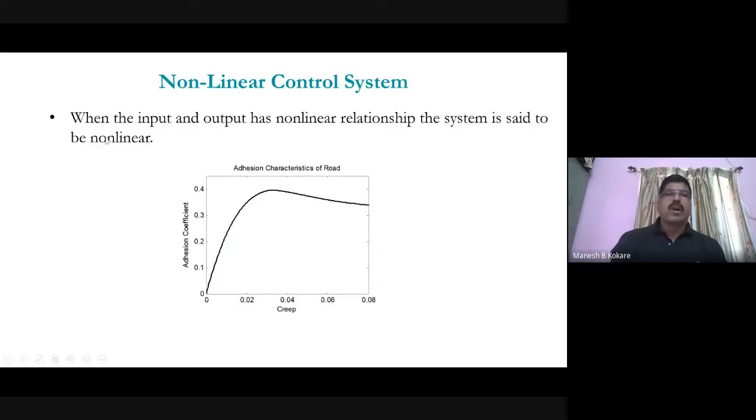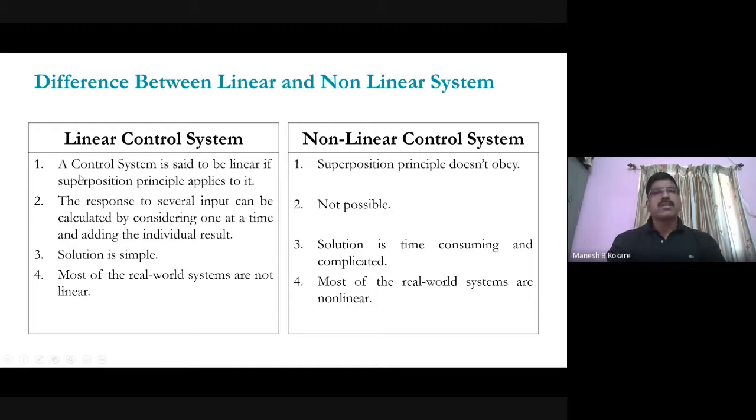So a nonlinear control system is one where the input and output have a nonlinear relationship, and the system is said to be nonlinear. See that this input and output have a nonlinear relation, and it does not obey the superposition principle. So if you see the difference between linear control system and nonlinear control system, the first difference is that a control system is said to be linear if the superposition principle applies to it.